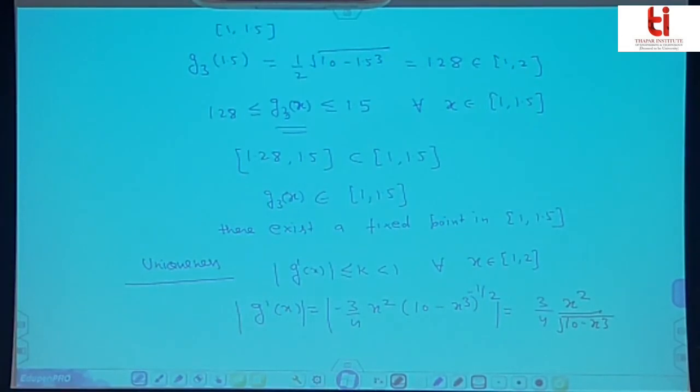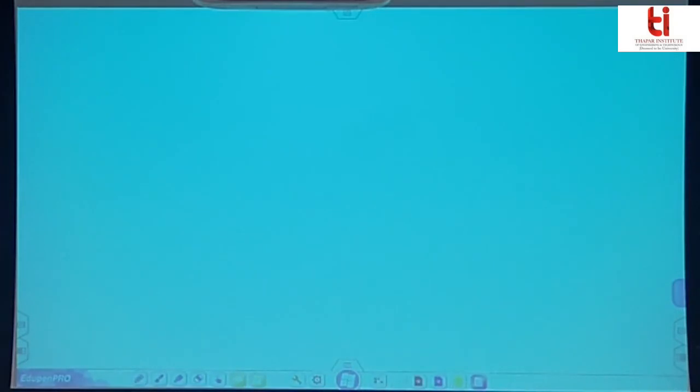In this case, x square is in the numerator and the denominator contains the term 10 minus x cube. If you see, as x is increasing, this g' function is also increasing. So now we'll find out the function value inside the interval 1 to 1.5 where it gets the maximum value.